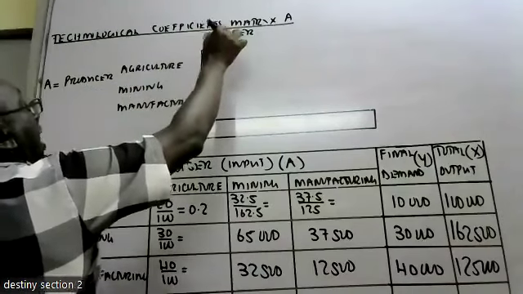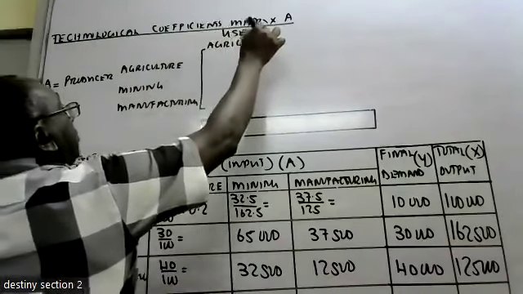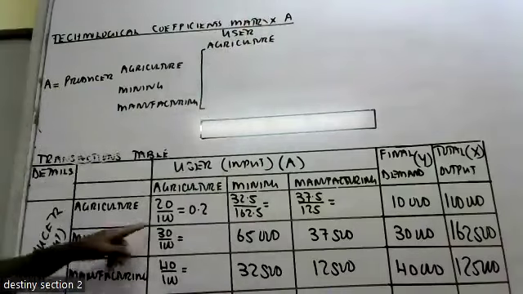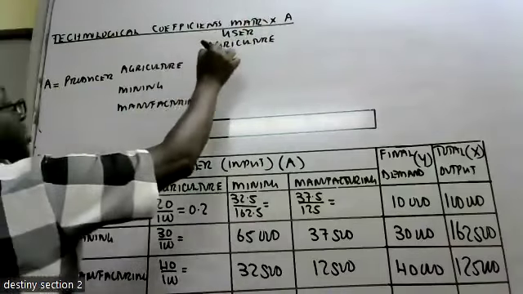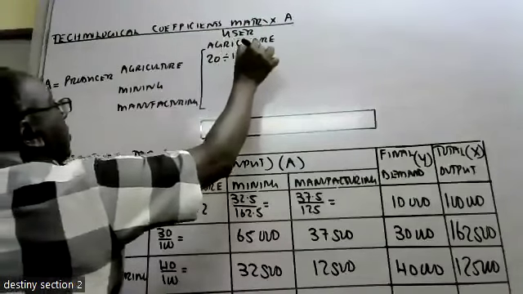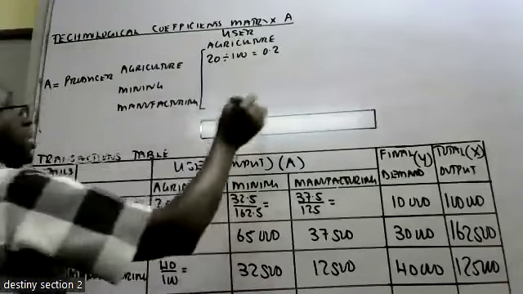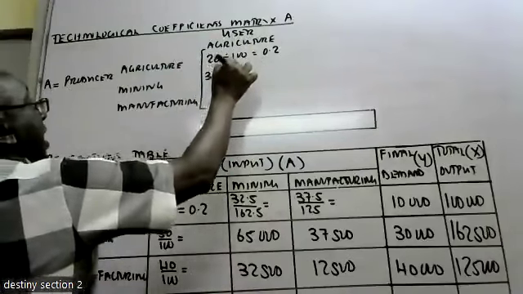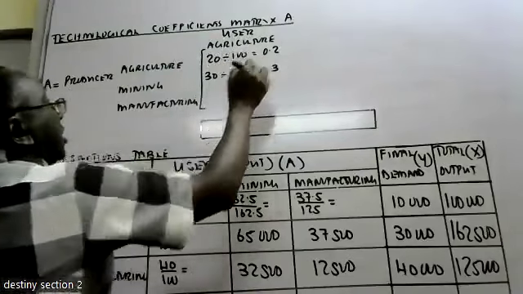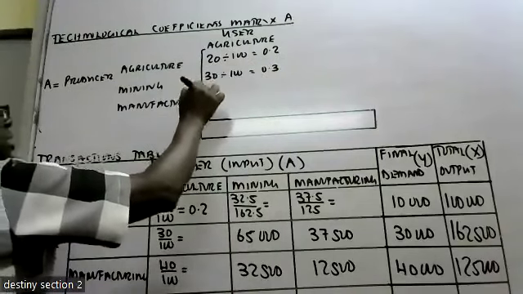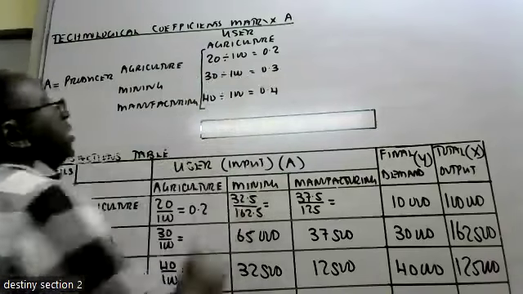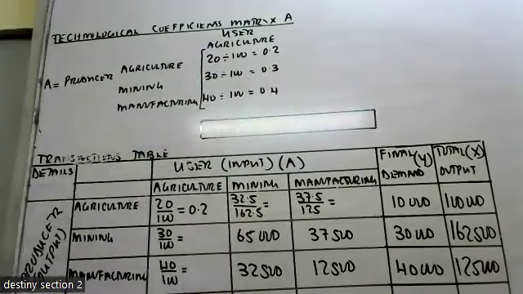So when I come to agriculture, tumesema it is 20, we divide by 100, tukapata 0.2. This is 30, we divide by 100, we get 0.3. This is 40, we divide by 100, we get 0.4. That is for agriculture.